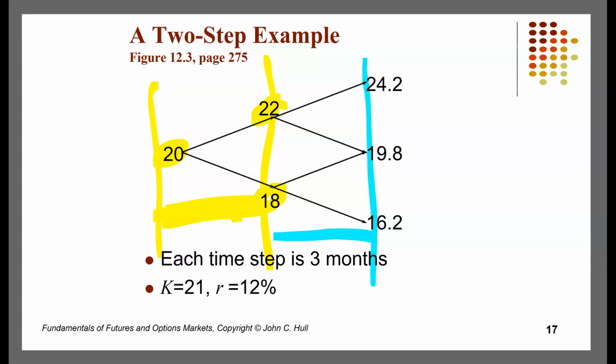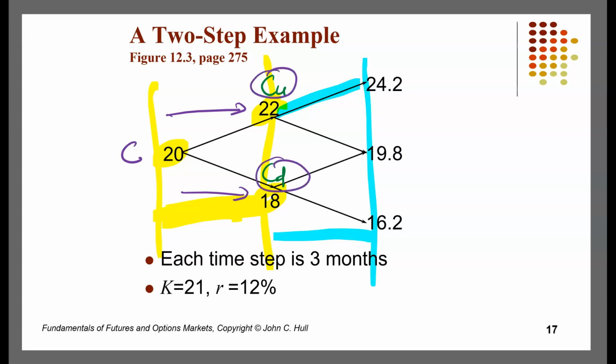We can apply the risk neutral valuation for this stage only and find the call option value here and the call option value there, and then we apply the risk neutral valuation again in this period here to find the call option price there, using this call option value and this call option value. And so what we're going to have here is call up up, call up down, call down down.